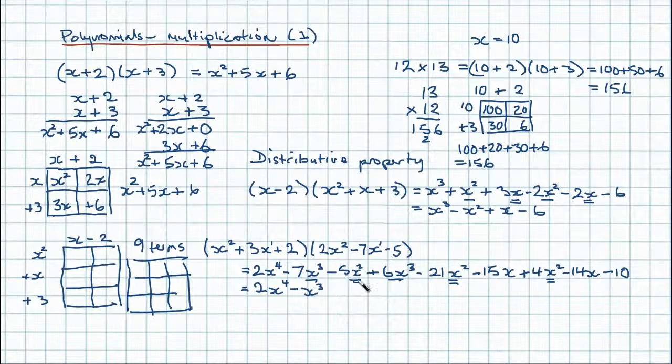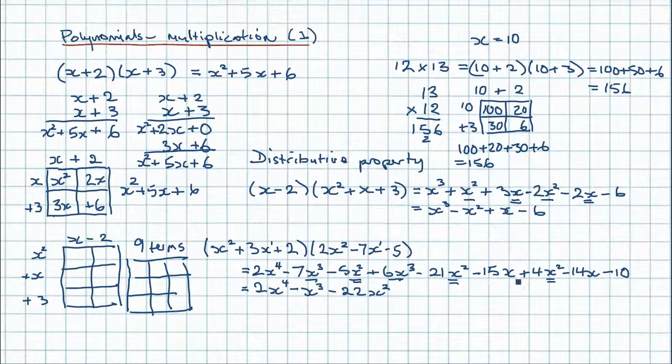We've got minus 5x squared minus 21x squared, so that's minus 26x squared so far, and 4, so it's going to be minus 22x squared. Okay, let's write that in. So negative 22x squared. Good, that's done the x squareds.